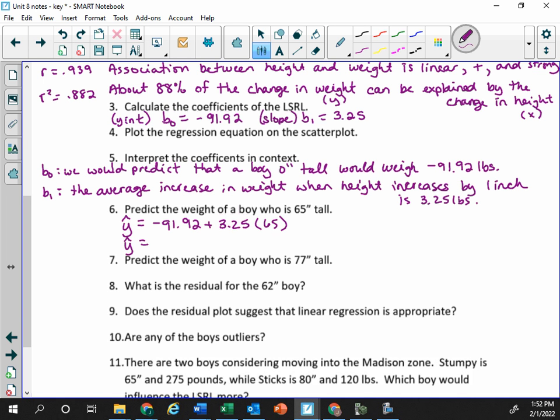So go ahead and key that in on your calculator. What do we get for our predicted height? Or I'm sorry, predicted weight. 119.33 pounds.